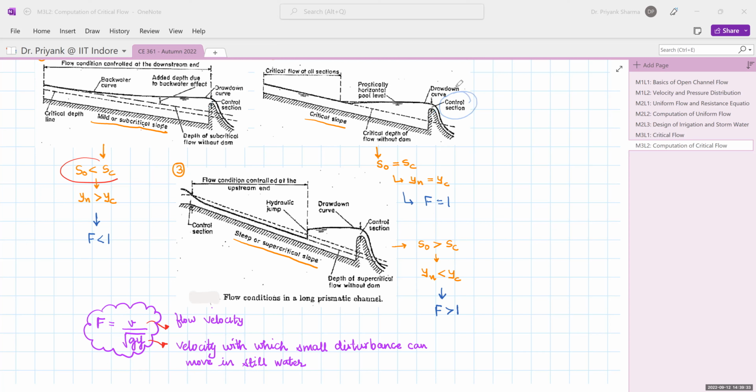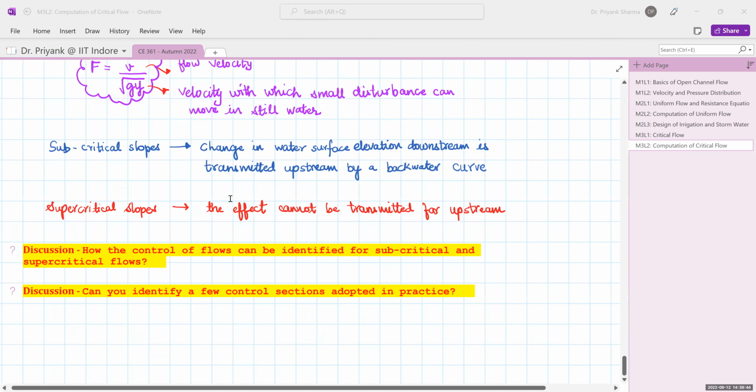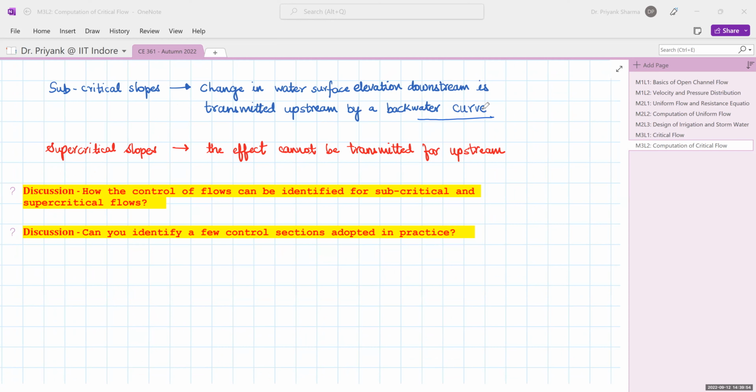So based on this you can categorize how your disturbances are traveling based on the flow conditions. To summarize, for subcritical slopes, a change in water surface elevation downstream is transmitted upstream by a backwater curve, while in case of a supercritical slope, the effect cannot be transmitted upstream, and that is why the controls differ.